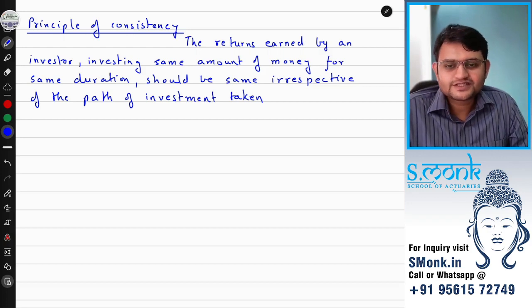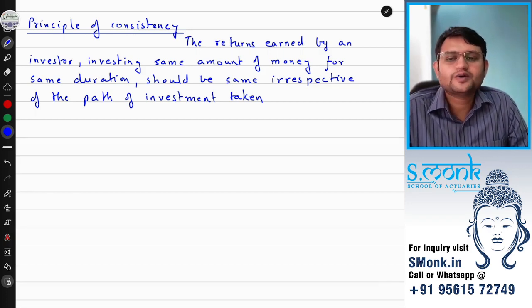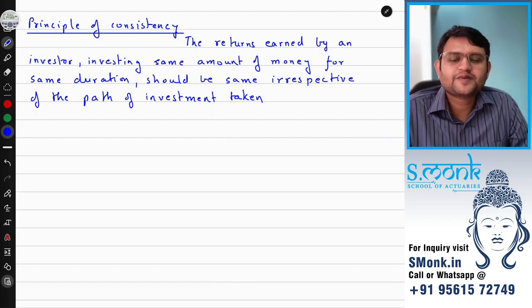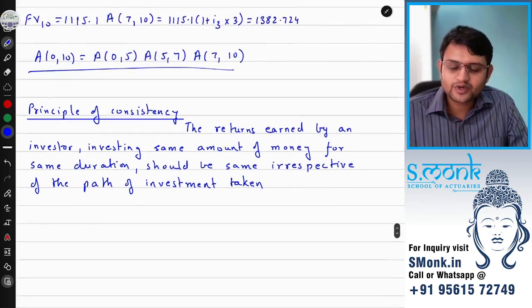Principle of consistency says the return earned by an investor investing same amount of money for same duration should be same irrespective of the path of investment taken. So we are saying the path of investment should not matter if we are investing the same amount for the same duration.